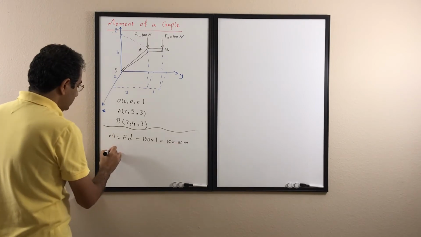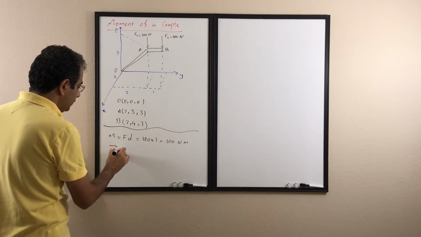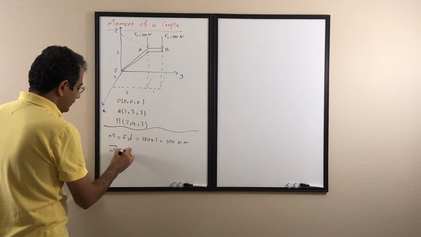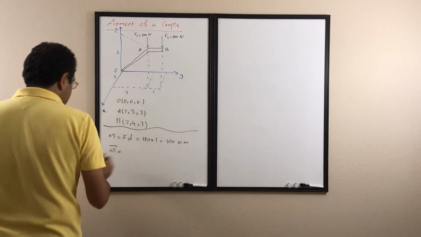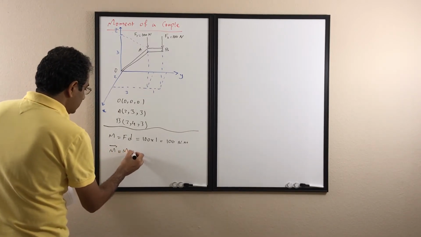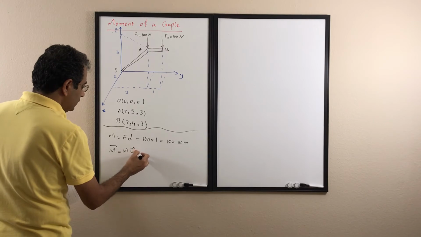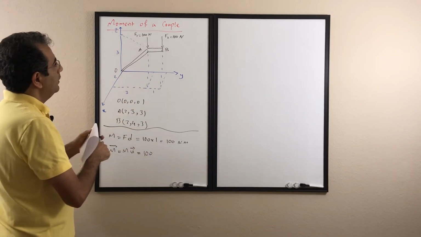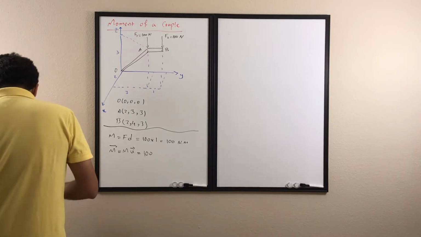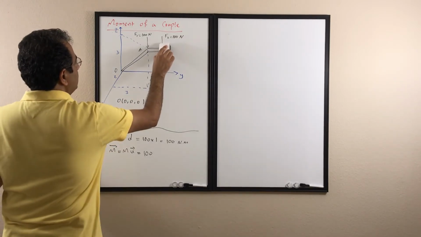And if I want to get the vector for that, it is the magnitude times the unit vector. Its magnitude is 100, and for the unit vector, look at how it's going to rotate.